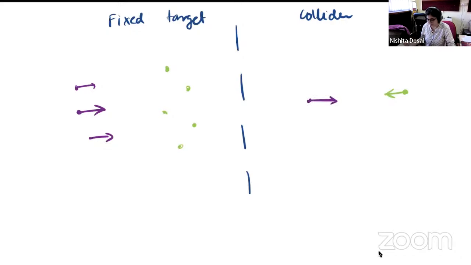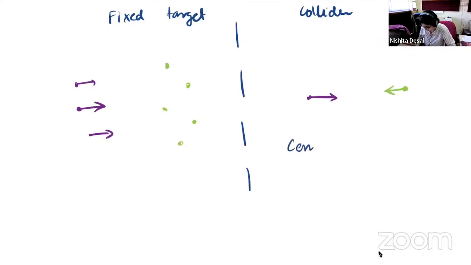Okay. So this is what they look like. And for colliders, a useful frame of reference to work in is what is called the center of momentum frame, where you have the momenta of the two particles exactly opposite to each other.